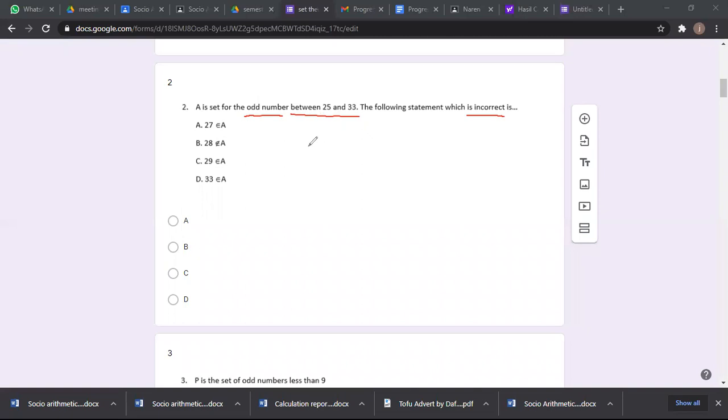So odd numbers between 25 and 33. I will write all the odd numbers over here: 29, 31, and 33. Okay, but then be careful: 25 and 33 are not included. So it's only 27 and 31.